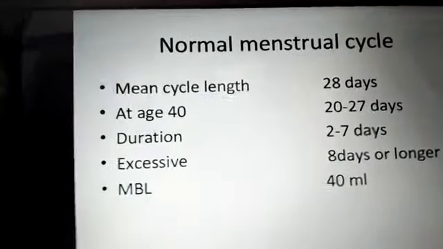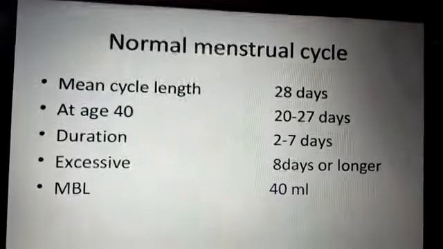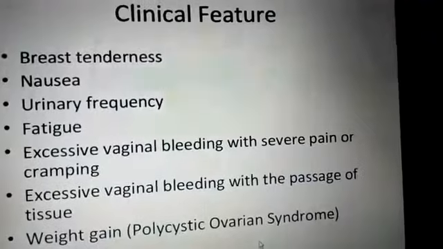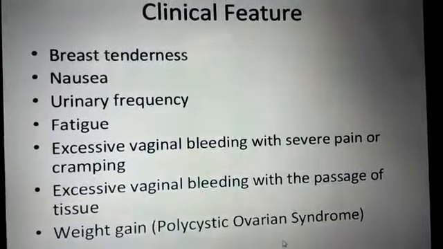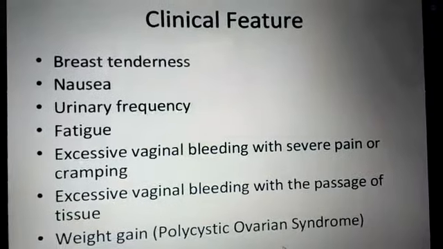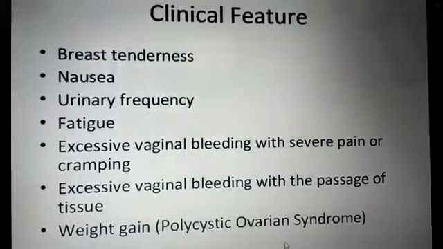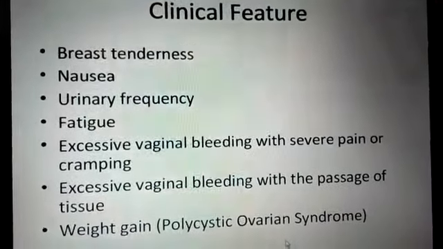Quantity is about 40 to 80 ml, which is the normal discharge we see in a normal menstrual cycle. While in case of DUB, what are the features we are going to see? Breast tenderness, nausea, urinary frequency, fatigue, and excessive vaginal bleeding with severe pain or cramping.